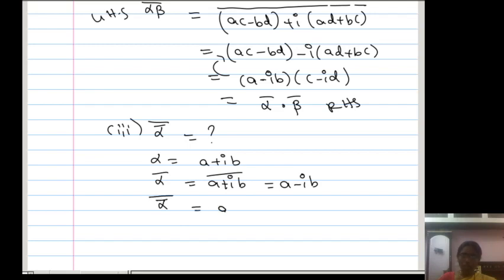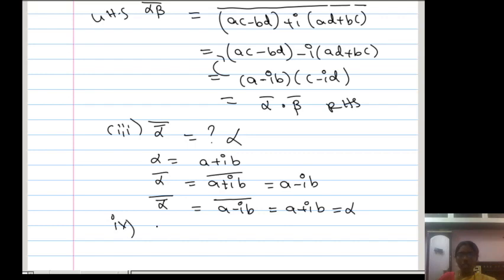Again I am applying the conjugate to A minus iB, so I replace i by minus i. Conjugate means minus into minus is plus. So A plus iB. Finally A plus iB is equivalent to alpha. So what I understood is, if I apply the conjugate two times, you are getting itself. Alpha bar whole bar is equal to alpha only. So this is the LHS and RHS.